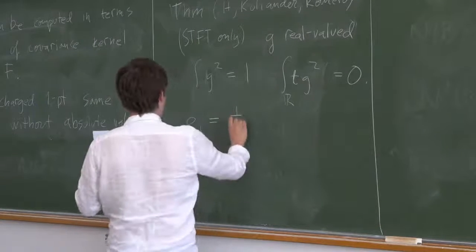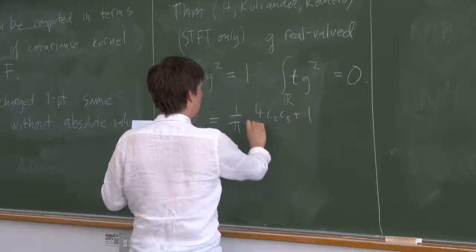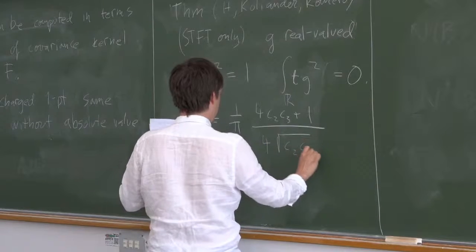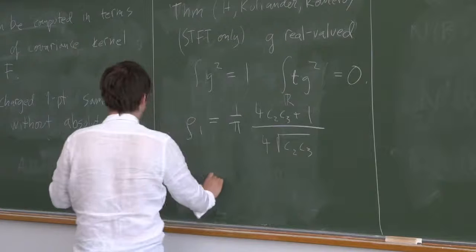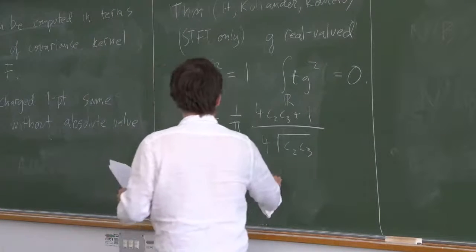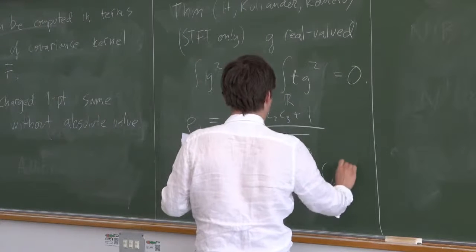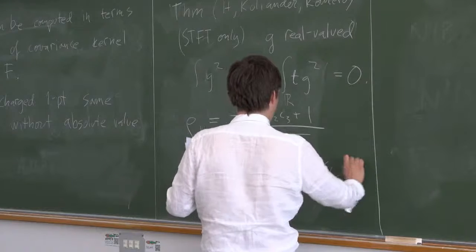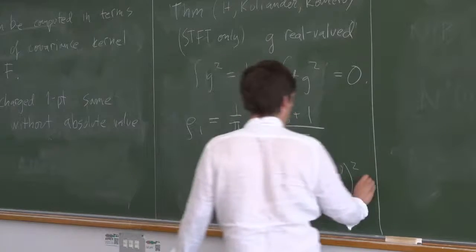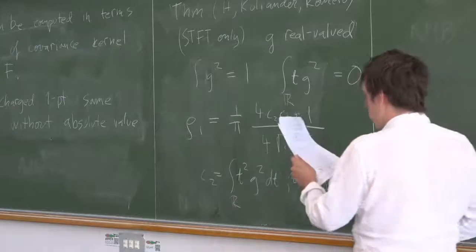Then the rho 1 is as follows. It is 4 times C2 C3 plus 1 over 4 C2 C3, where C2 is the integral of t squared G squared, and C3 is the integral of G prime squared. That's the rho 1.